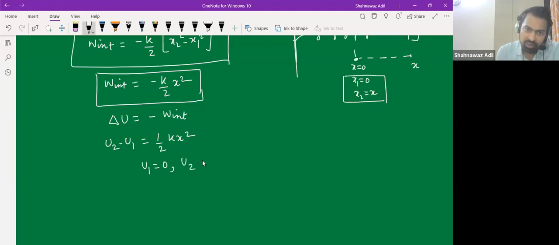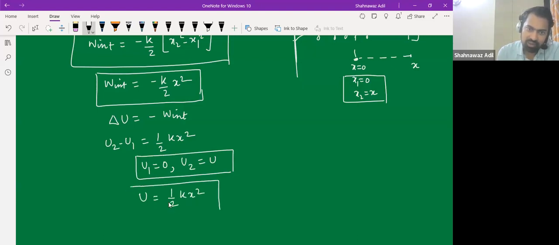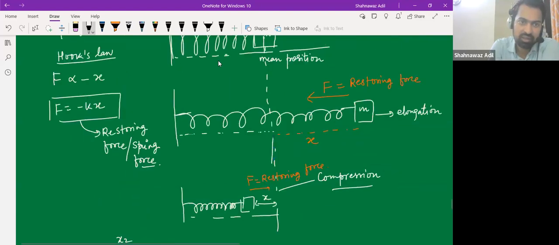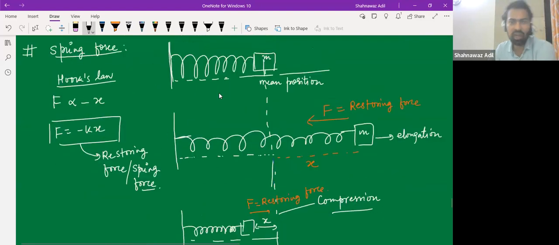And at U2, the potential energy due to spring force would be half kx square. Is this part clear, everyone? Okay, so please note it down. And if you guys have any doubts, please ask.